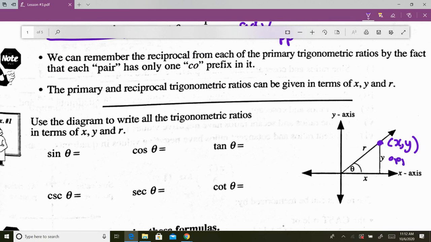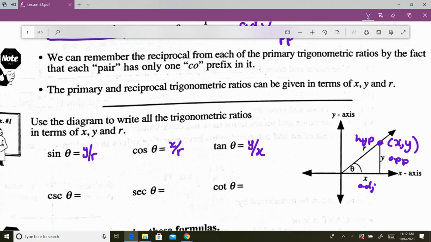Opposite is over here, hypotenuse is there, and adjacent is there. So sine would be what letter over what letter? Y over R. Cosine would be adjacent over hypotenuse, which would be X over R. Tangent is opposite over adjacent, which is Y over X.